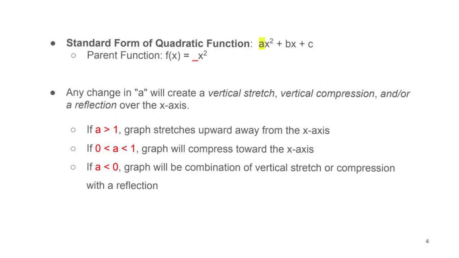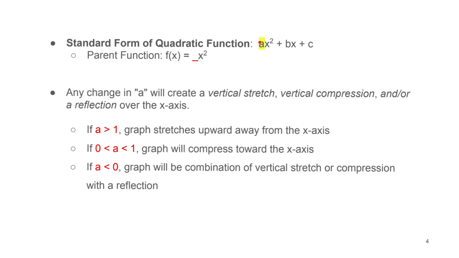So on our first slide, we talked about how we can describe what happens to the shape on a graph when the value of a is changed. If you look at the standard form of the quadratic function, ax squared plus bx plus c, the value of a, here, this is what we're talking about.